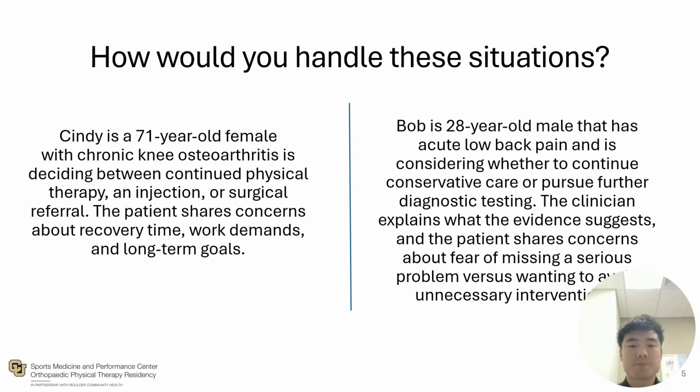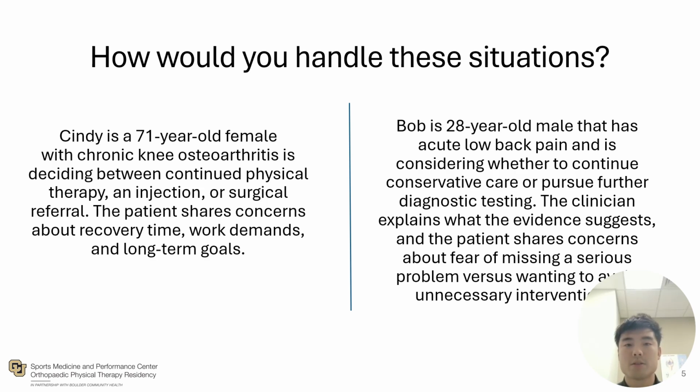What would you do? Here on the right, you have Bob, who is a 28-year-old male that has acute low back pain and is considering whether or not to continue pursuing physical therapy, or conservative care, or going and getting some kind of diagnostic testing. The clinician explains what the evidence suggests, and the patient shares his concerns about fear of missing something serious versus wanting to avoid unnecessary interventions.